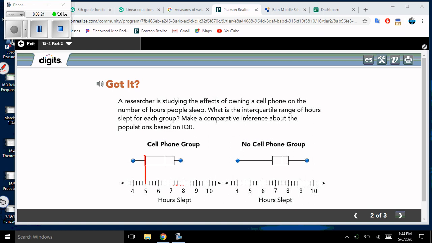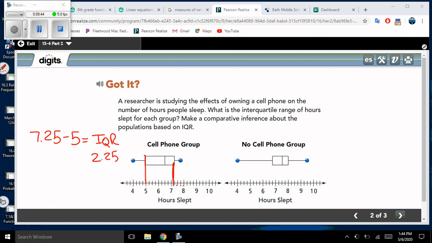So that means this one's about 7, I'd say 7 1/4. So this one is probably 7.25 minus 5. So that's going to be an IQR of 2.25.